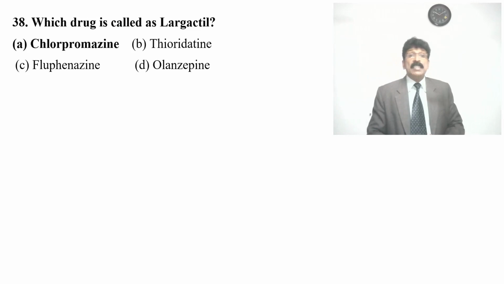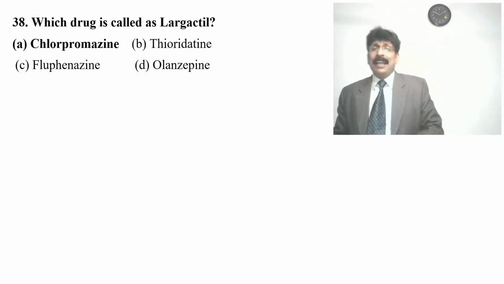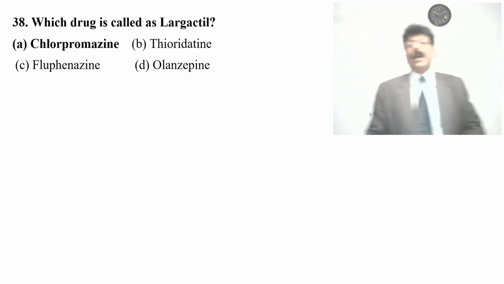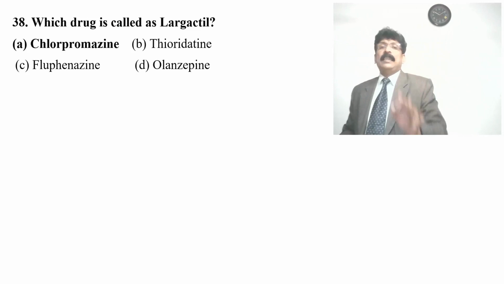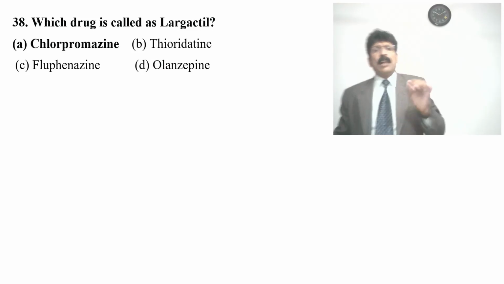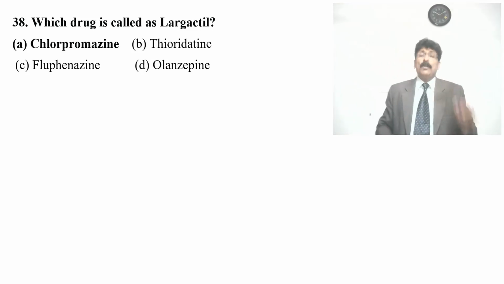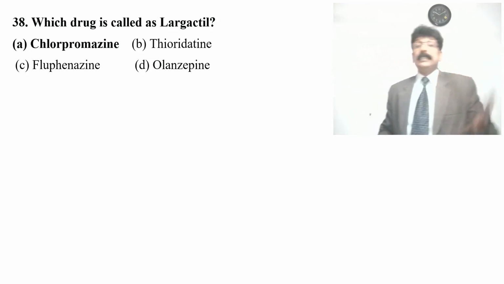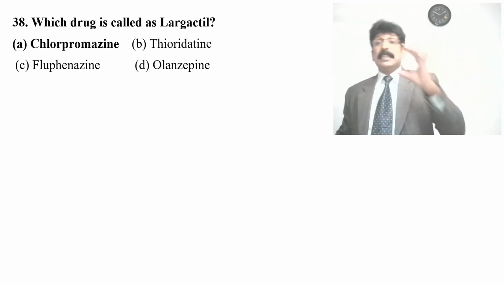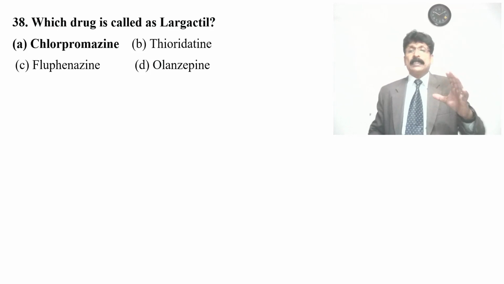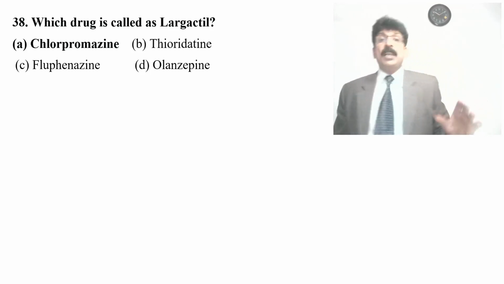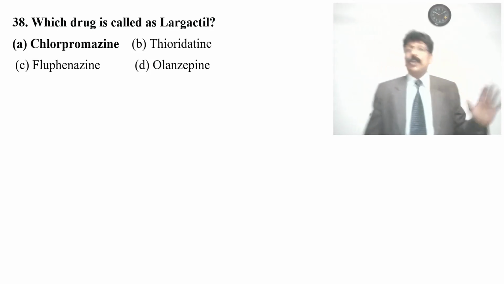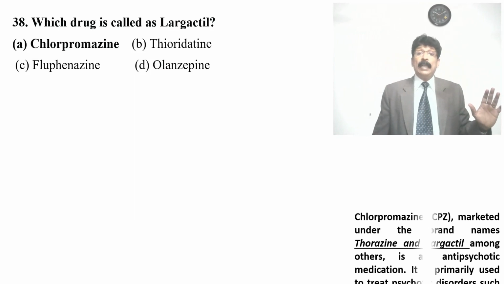Which drug is called Largactil? Largactil is a trade name which contains chlorpromazine. Chlorpromazine has a structure similar to promethazine, with only a substituent change, but it is an antipsychotic drug.